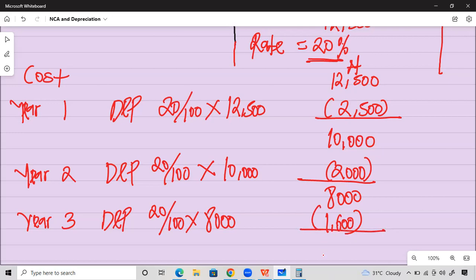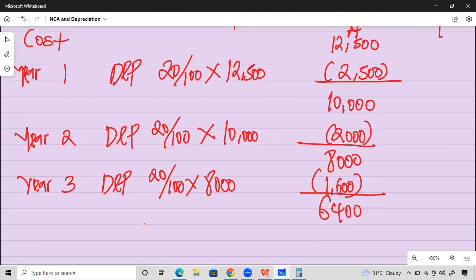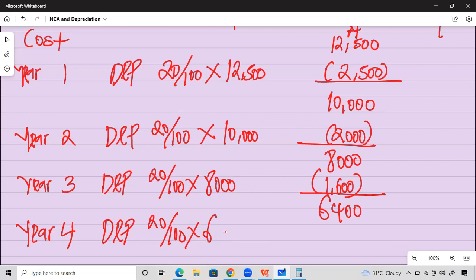$8,000 minus this one is 6,400. Then you go on to the last year, year 4. Depreciation will still be 20 divided by 100 multiplied by 6,400.